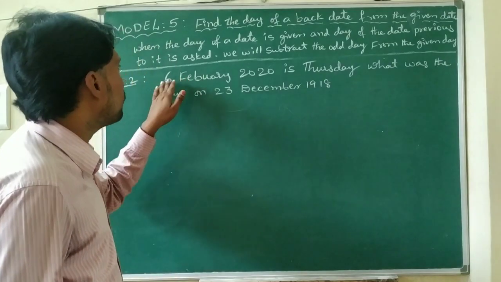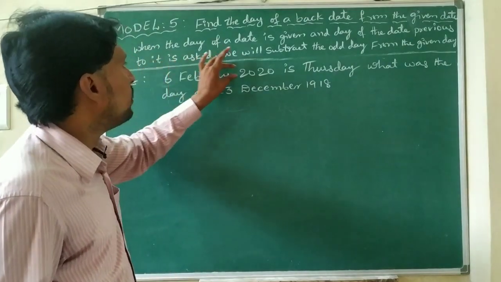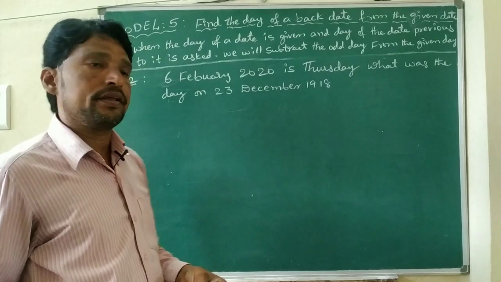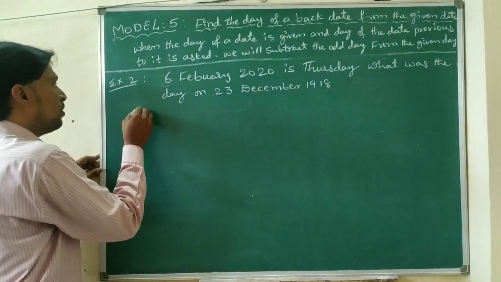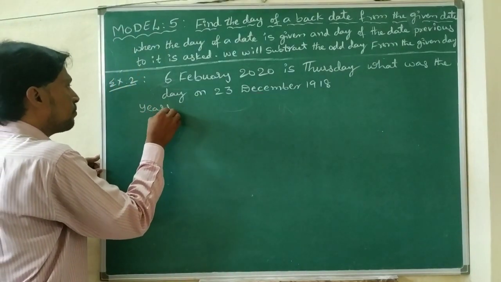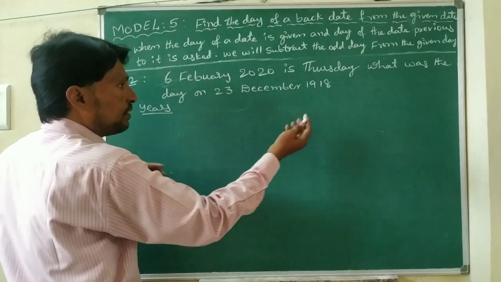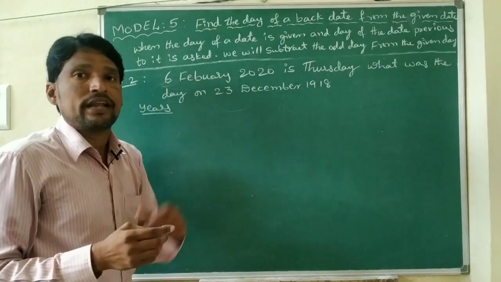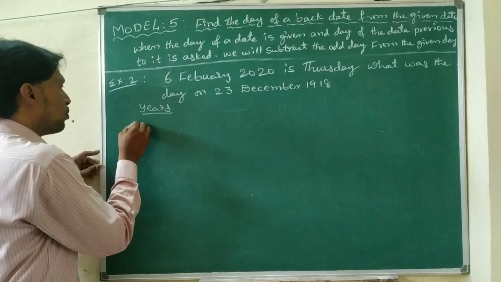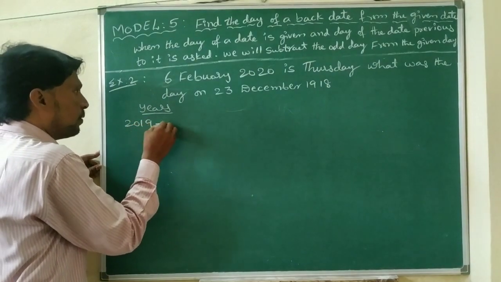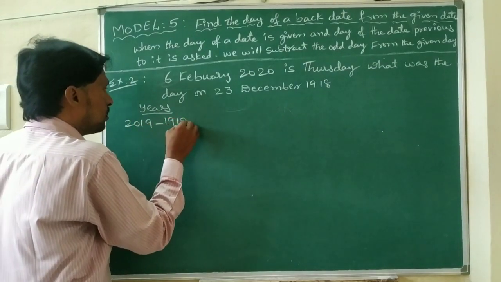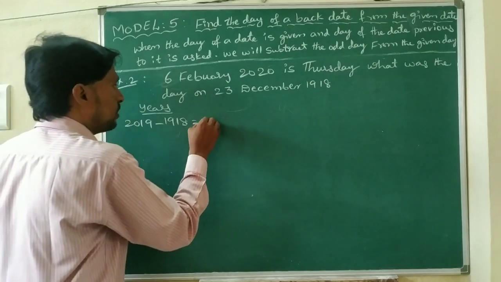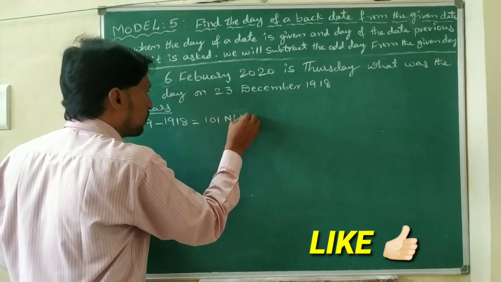Like that we are going, but 6th February 2020 is not a complete year. So how do we do this? First we take years. Up to 2019 only it is complete years. So 2019 minus 1918, we are getting 101 non-leap years.